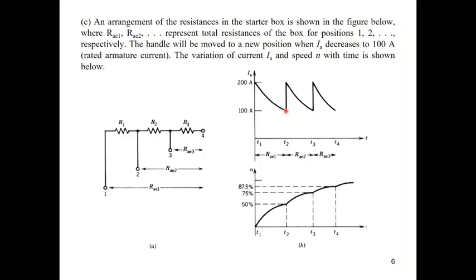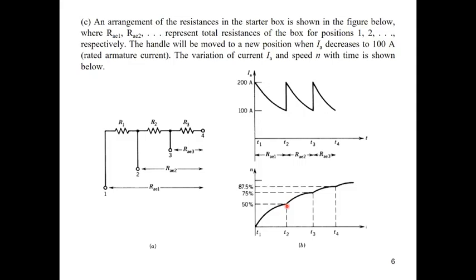For example, here in this problem, as you can see, for a current moving from 200 amps to 100 amps, the speed increases from 0 to 50% of the rated speed. Can you imagine if we left this motor starting at the direct supply without any added resistance?